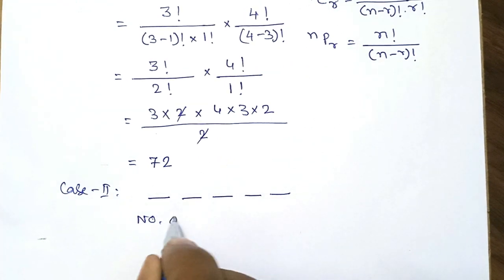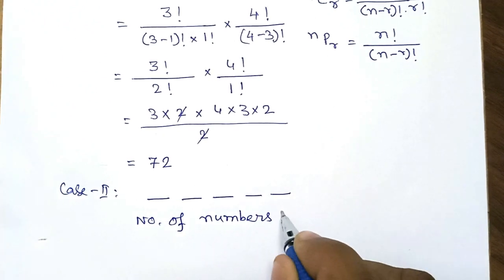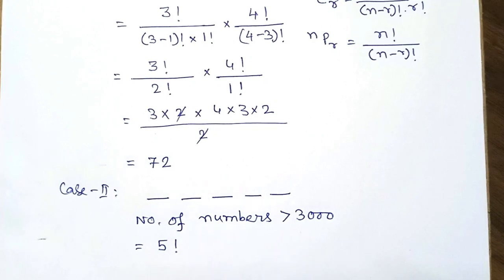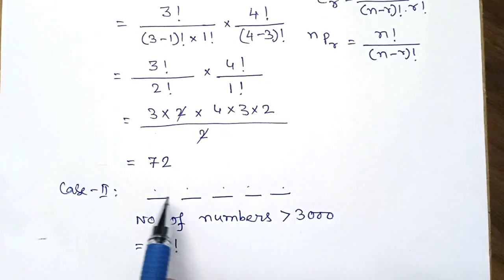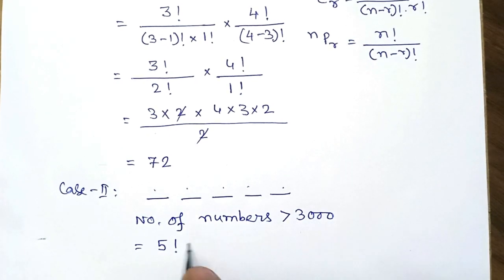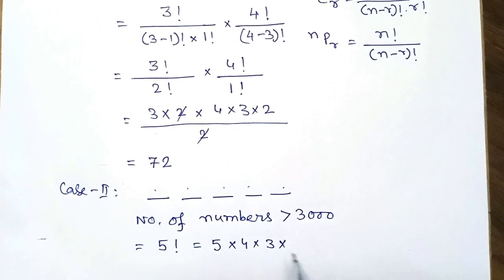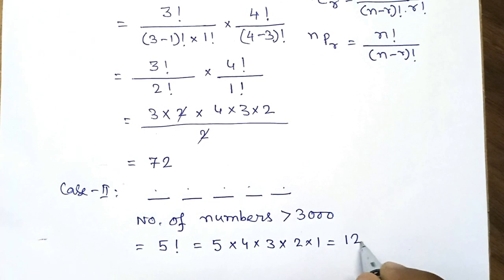These 5 blank spaces can be filled with 5 numbers in 5 factorial ways. So for case 2, the answer is 5 into 4 into 3 into 2 into 1, which is equal to 120.